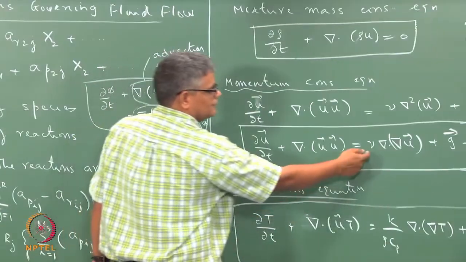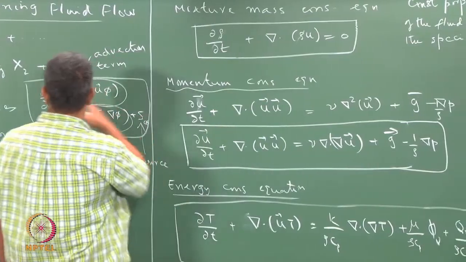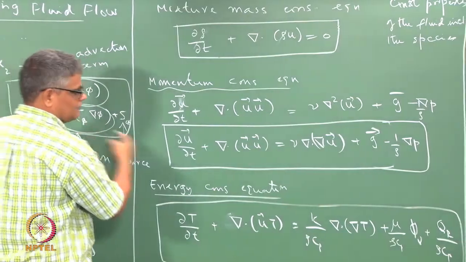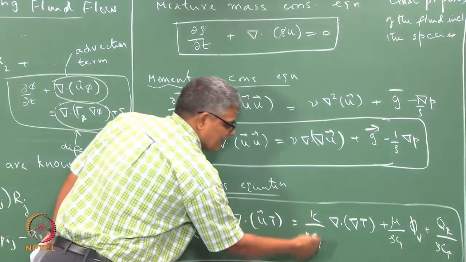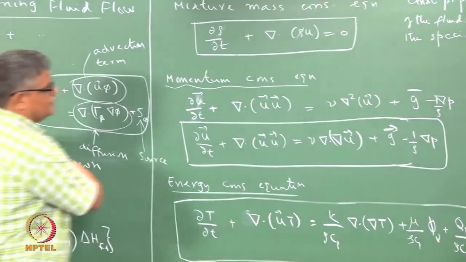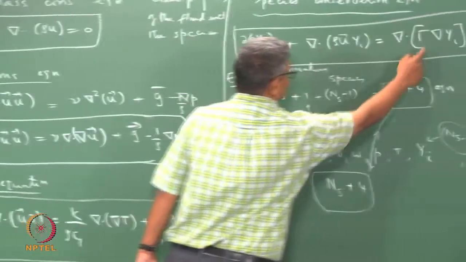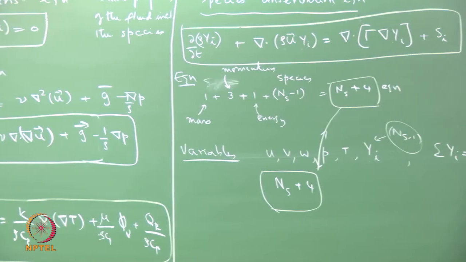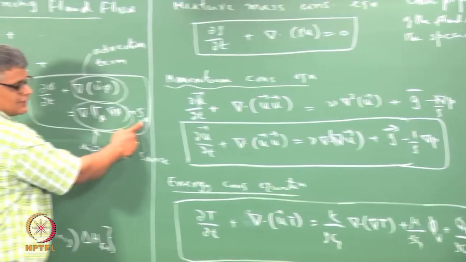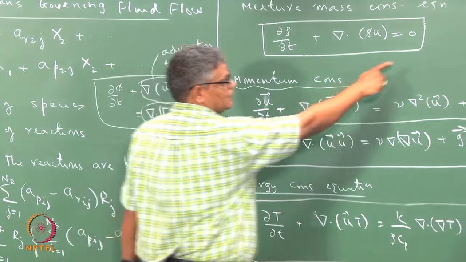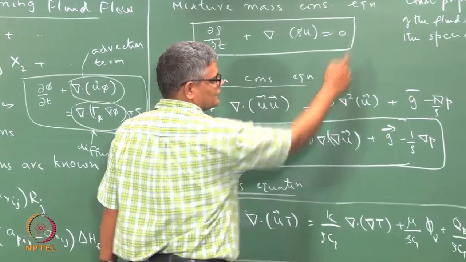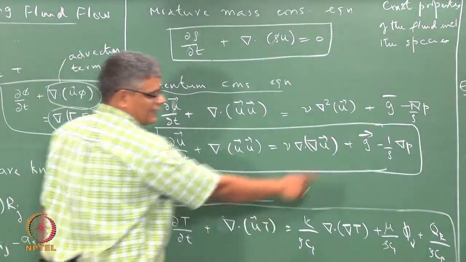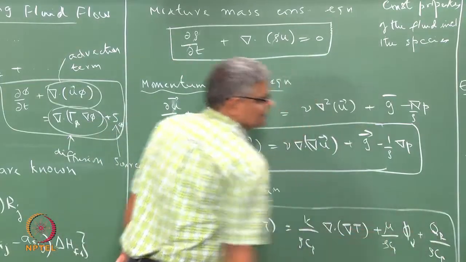When phi is equal to u, this is the kinematic viscosity, and for the energy equation it is k by rho Cp, the thermal diffusivity with proper dimensions. The source term for phi can also be different for different equations. For the continuity equation it is 0, and for momentum it is, as mentioned, the gravity term and the pressure gradient.